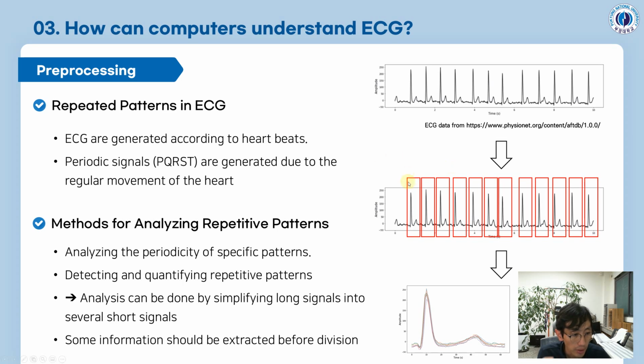Here, just for example, I divided the signal patterns one by one, extracted them, and drew them in one figure. This is one way to process before using the deep learning model.